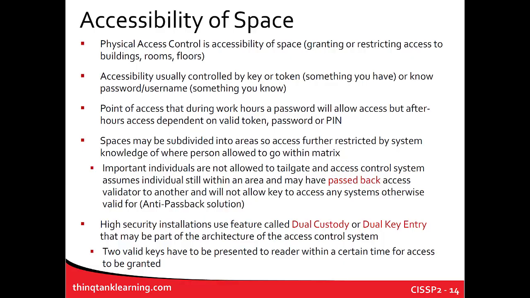Could be something you have, something you know, something you are. Your access points are your doors, your gates. Zoned access means that spaces could be segmented so only certain individuals can get into those specific areas, and so on.